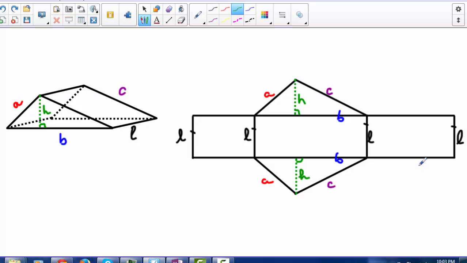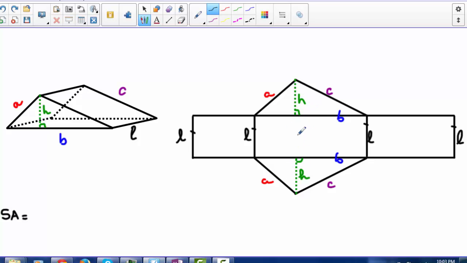So let's see together how I can write the surface area. Surface area, I'm going to use the symbol SA equals. First of all, the easiest one is the area of these two triangles.